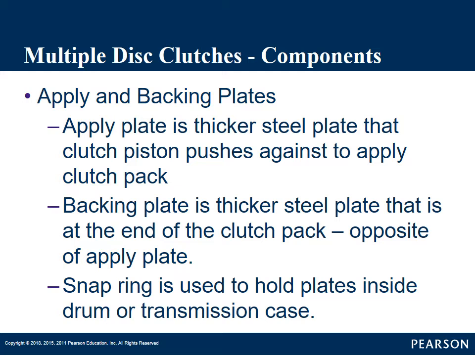The apply plate is going to be next to the piston, where the backing plate is going to be next to the snap ring in the drum. The idea is if we have solid surfaces in there, we can better squeeze and hold that clutch pack together.